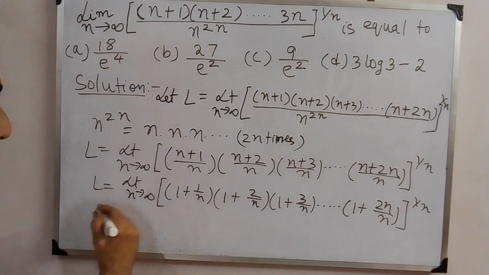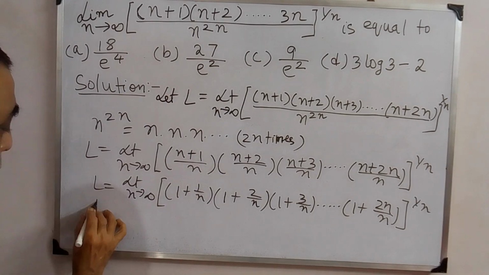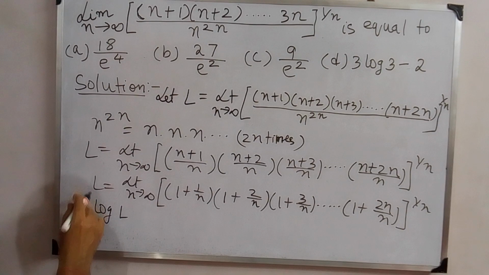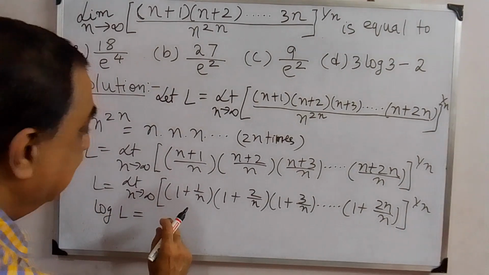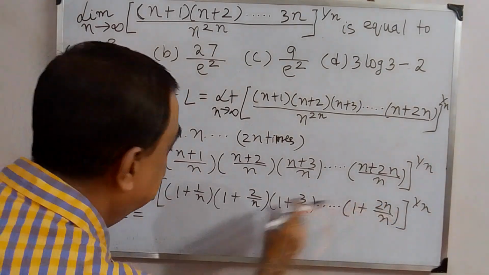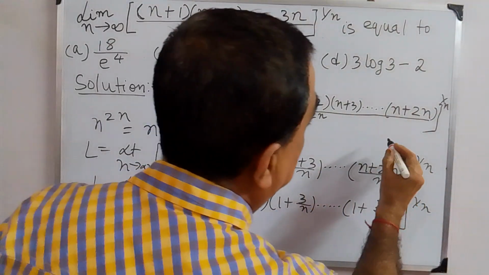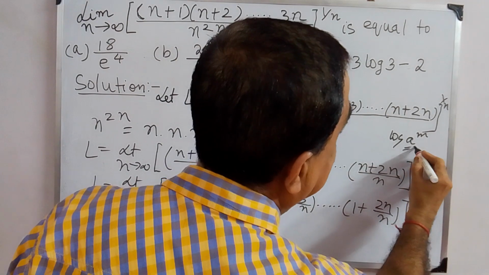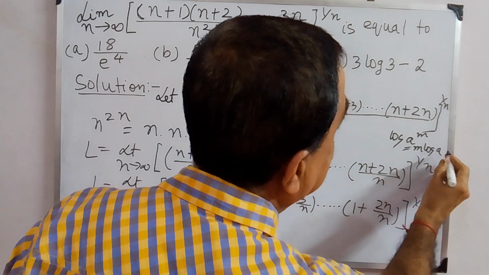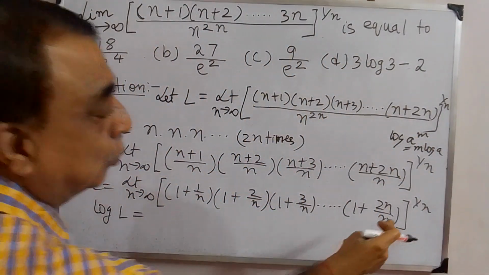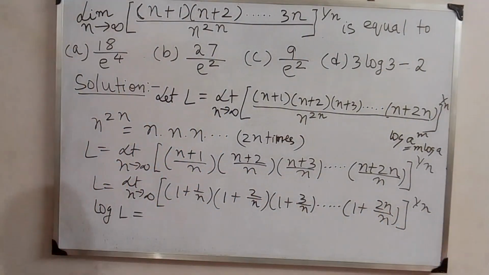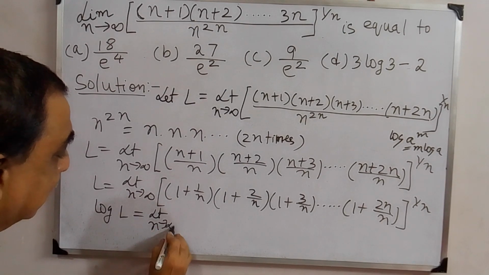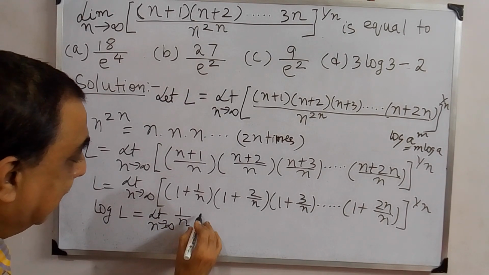Now take the log of both sides. So this will become log L, and the power comes before the log, because we know log a to the power m is m log a. So this 1 by n will come before the log, and this will become limit n tends to infinity, 1 by n.